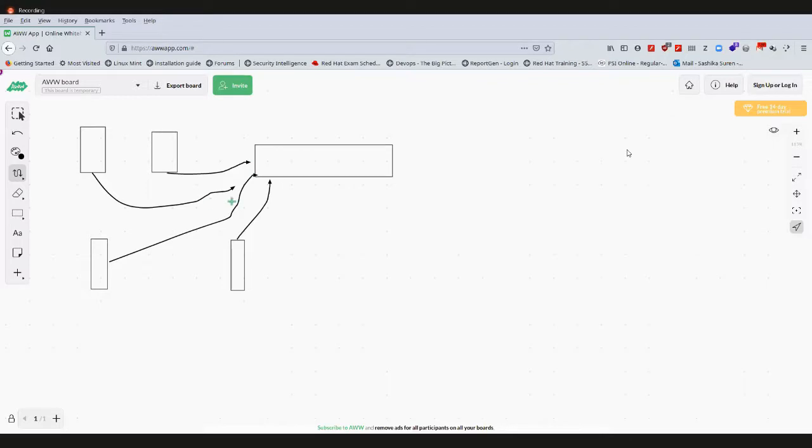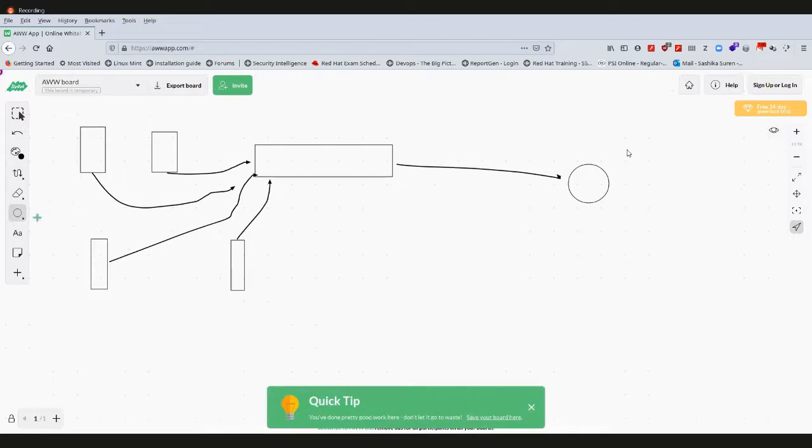You can see different things getting connected to the switch. Whenever they want to talk, the switch will be connected to the router. We call it a router. And from the router, they will talk to the outside users, that is the internet.